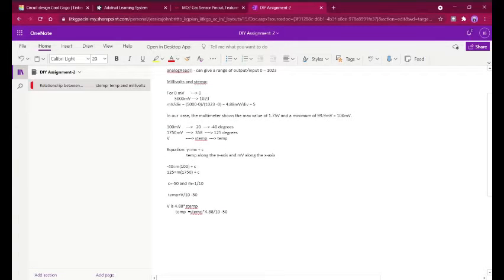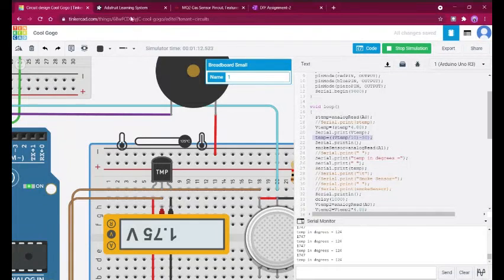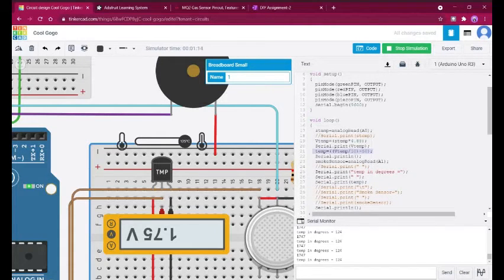And finally, we get temp is equal to V upon 10 minus 50, where V is in millivolts and temperature is in degrees. And also we know that V is 4.88 times stemp. So temp is stemp into 4.88 upon 10 minus 50. And this is what I have used here.